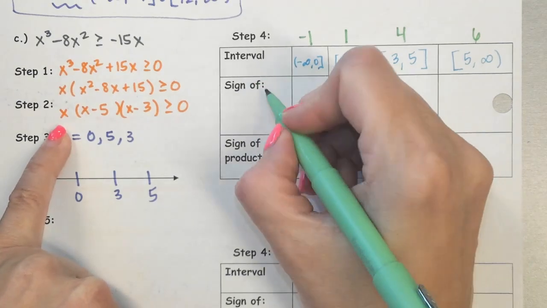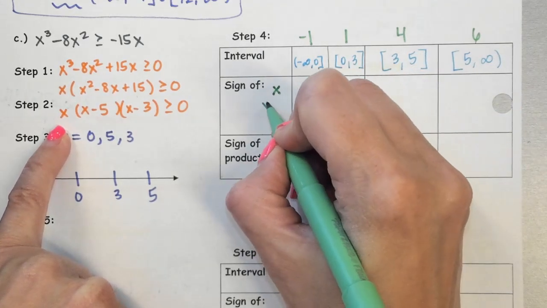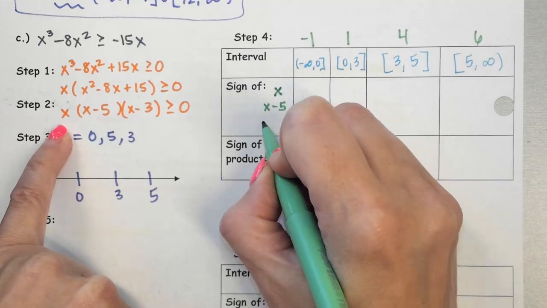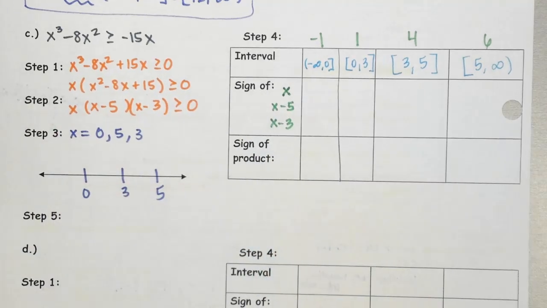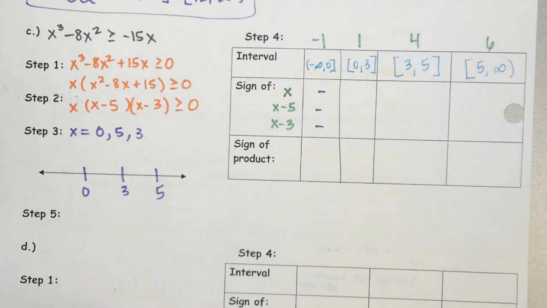Now we have 3 factors. So we are going to have 3 signs. We have x, we have x minus 5, and we have x minus 3. Okay, so if I plug in -1, it's negative, this would be negative, this would be negative.